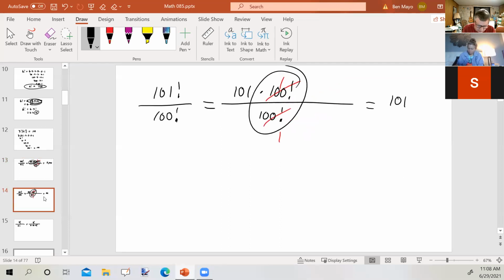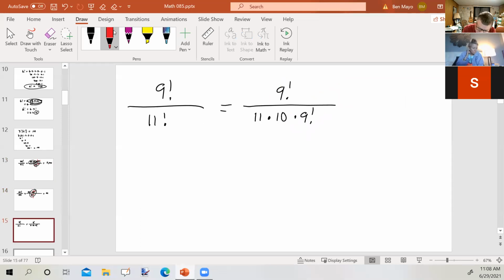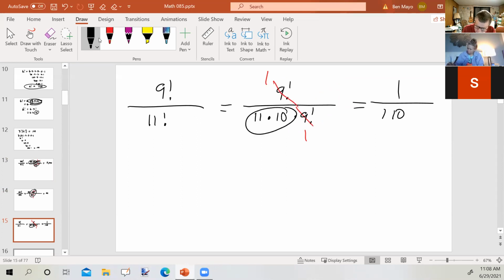That reduces down to 1 over 1. It doesn't cancel. So here, these do not cancel. They reduce down to 1 over 1. So what we've got now is 1 over 110, because 11 times 10 would be 110 times 1 would still be 110. So our final answer, 1 divided by 110. And don't punch that into a calculator and get some awful decimal number that you then round off and it becomes wrong because you rounded off. Just leave it as a fraction, okay?